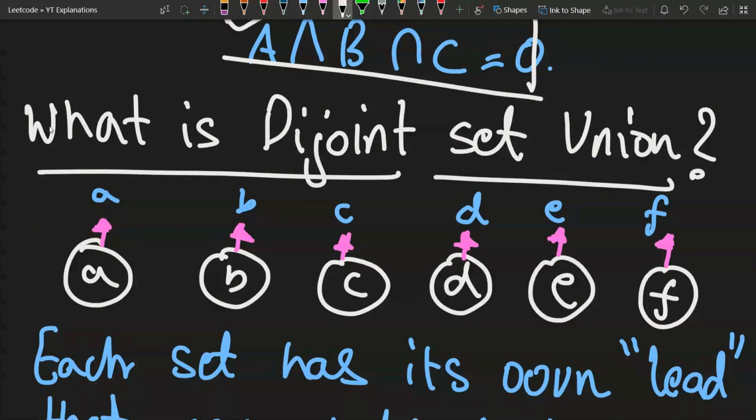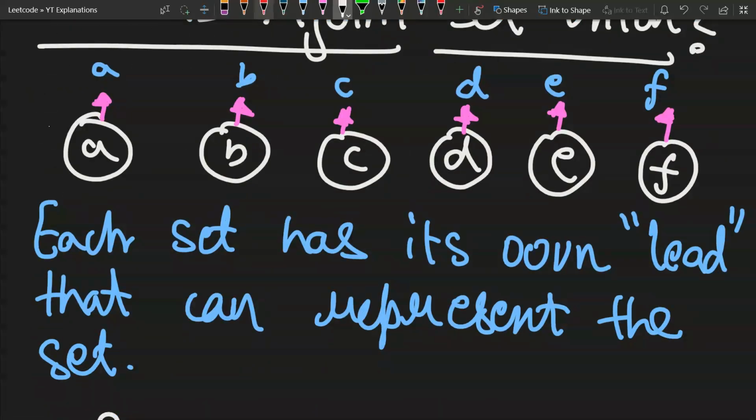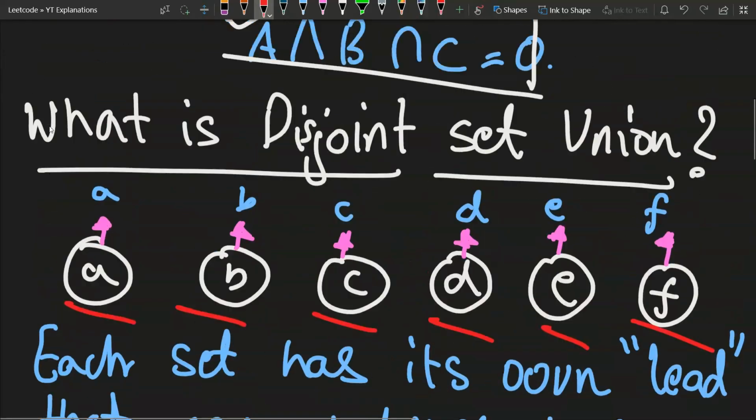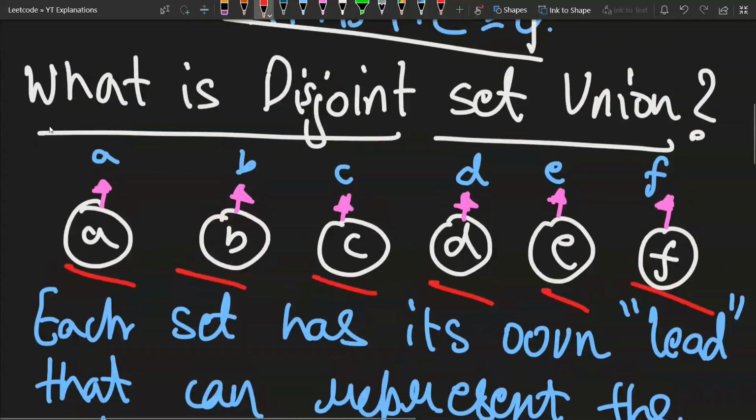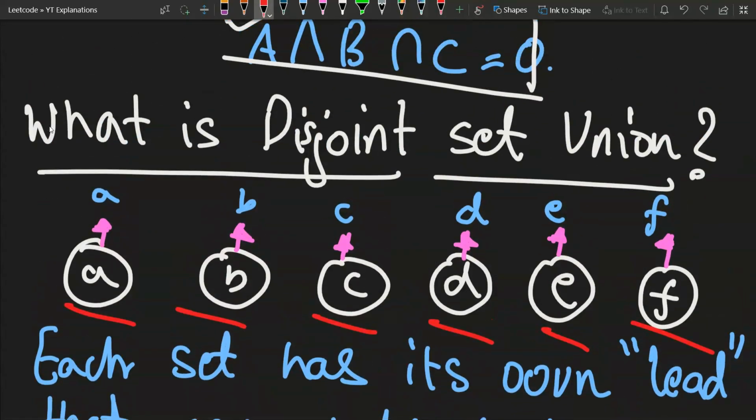Now, coming to what is disjoint set union, let us understand this with an example. Suppose we have these sets A, B, C, D, E, and F. All of them are disjoint, and there are no elements common between them. To understand disjoint set union, first we have to understand what is a leader of a particular set.